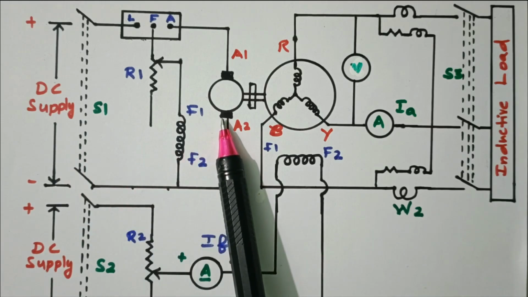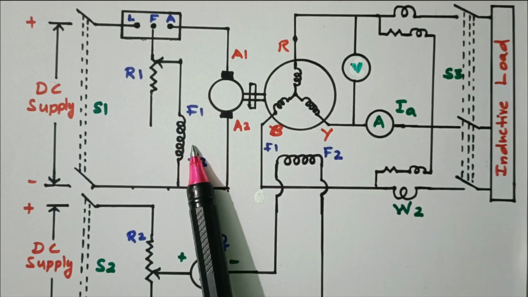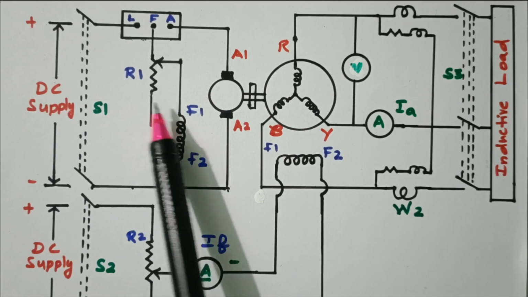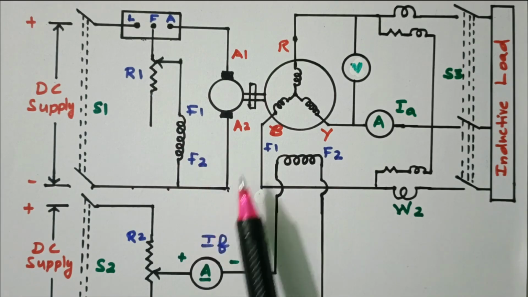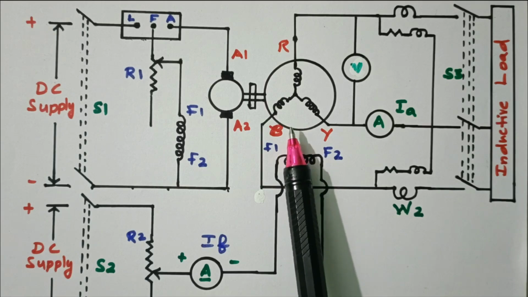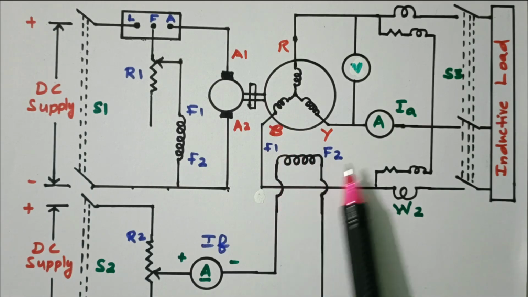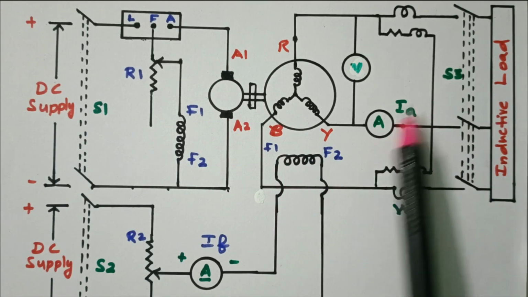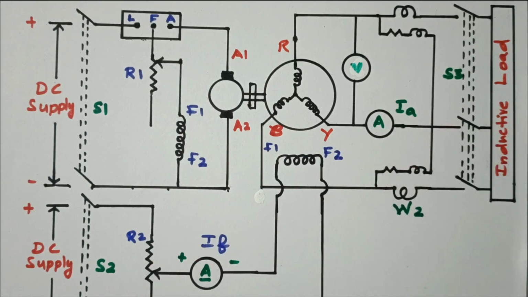In order to bring the motor to rated speed, the current flowing through the field winding is varied by varying the resistor R1. Now the motor is rotating at rated speed, so the alternator is also rotating at rated speed. Now the switches S3 as well as S2 are closed.